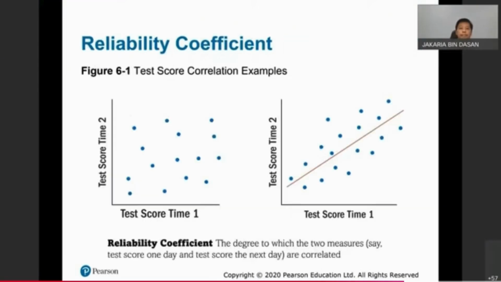So for reliability, these are the two graphic charts which show what the reliability coefficient is about. The left one, the dots represent unreliable data, scattered everywhere. So this is not a good reliability coefficient.